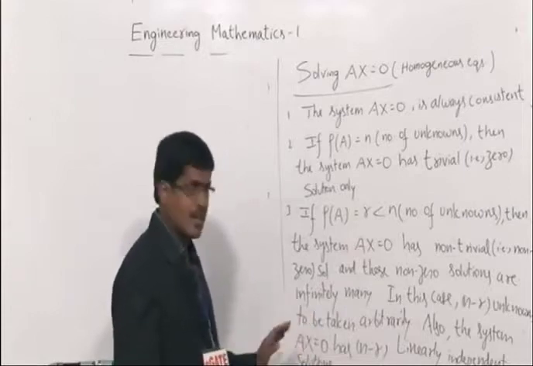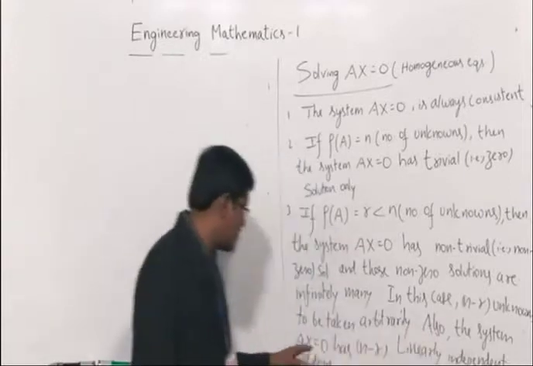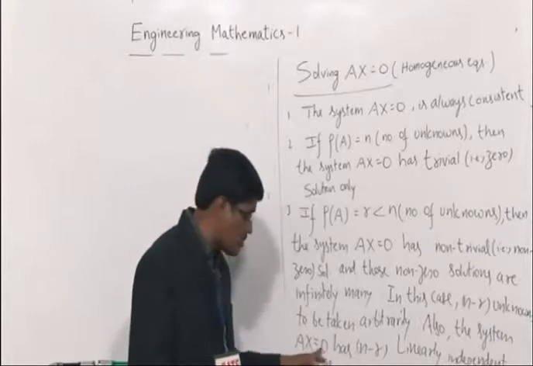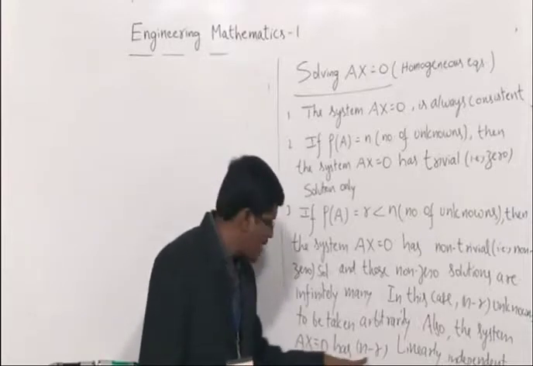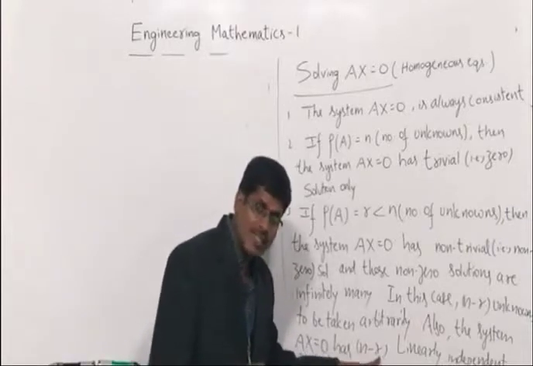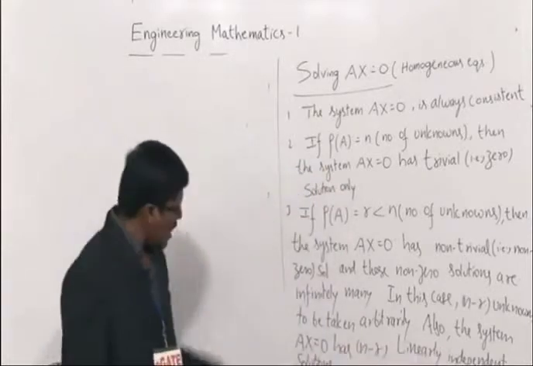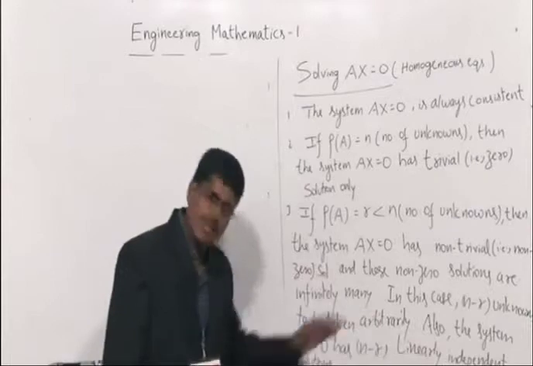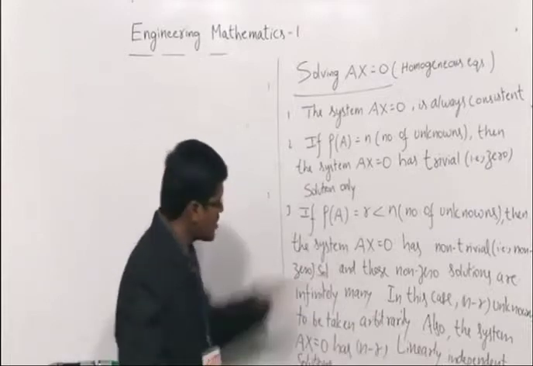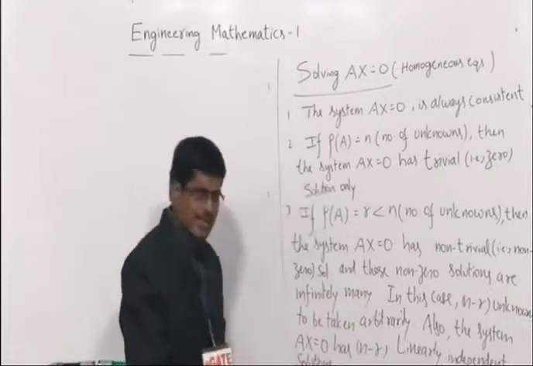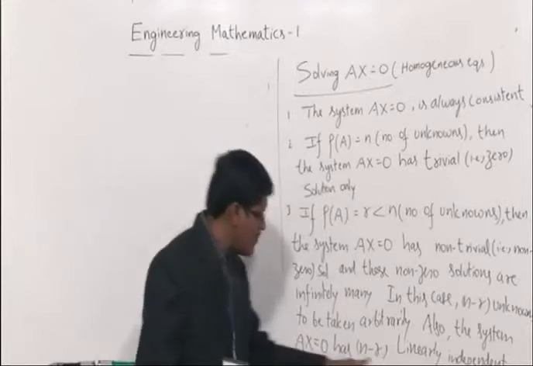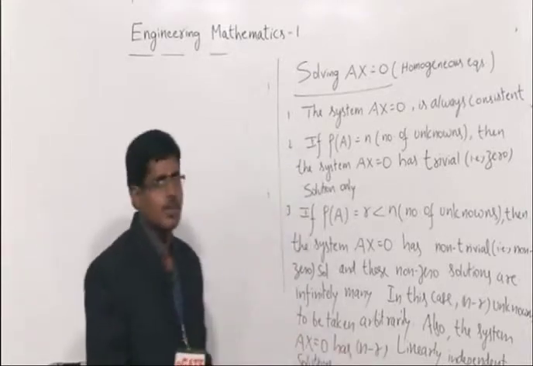Recently, in one branch, it was asked. Also the system, that is the given equations Ax equal to O, has, very very important, n minus r, the number of unknowns minus the rank of matrix A, linearly independent solutions. I will explain the meaning of linearly independent solutions after two problems. First, learn these conditions by heart according to ranks, no C matrix, and this point: n minus r linearly independent solutions.